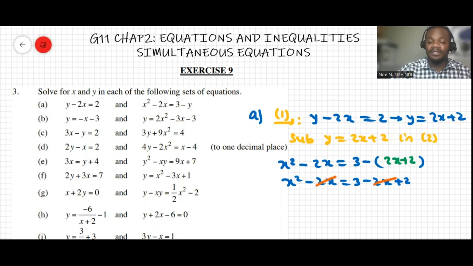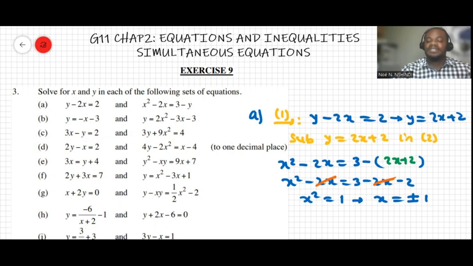We can simplify these, and then that makes x squared equal to 3, not plus 2, but minus 2 here. Sorry, there is supposed to be a minus 2. So x squared is equal to 1, which means x here will be equal to plus or minus 1. Two solutions here, not 1 but 2.